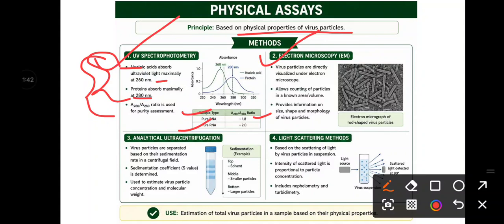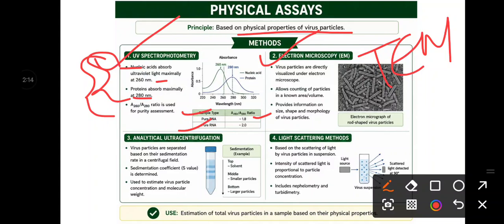Two types of electron microscopy are there: scanning electron microscopy and transmission electron microscopy. Only with TEM, transmission electron microscopy, can the virus be visualized, not with SEM or other normal microscopy.